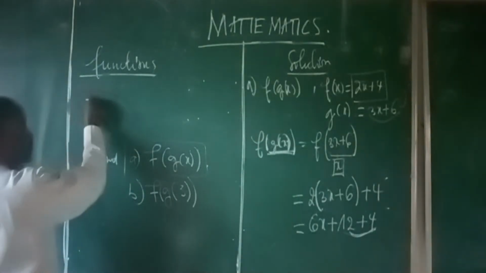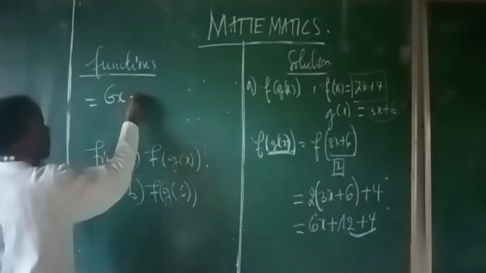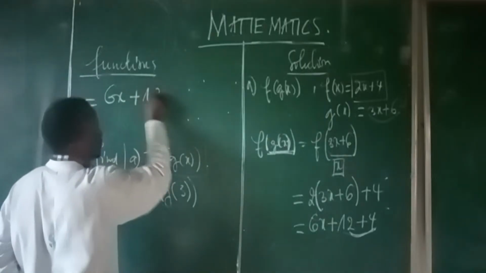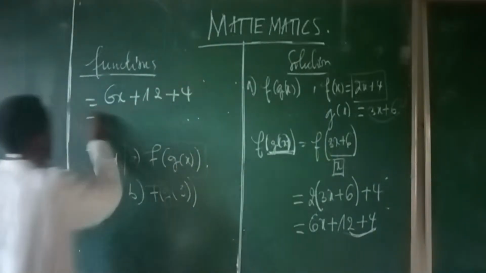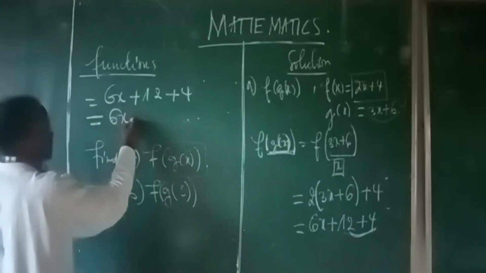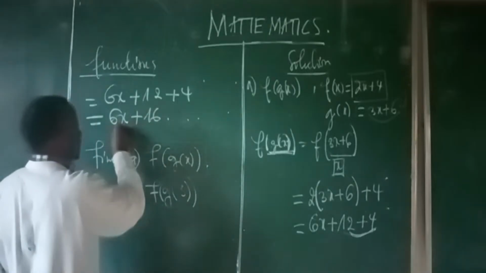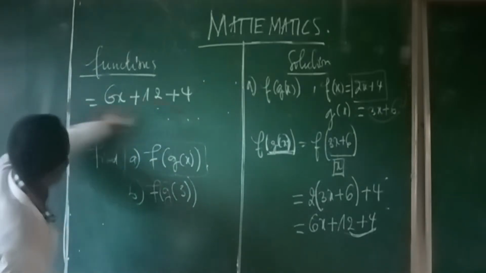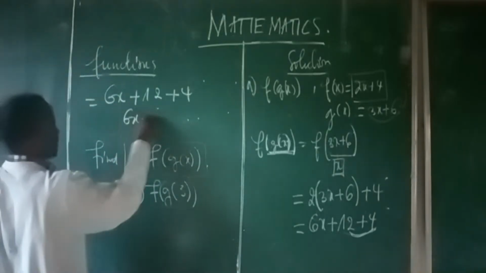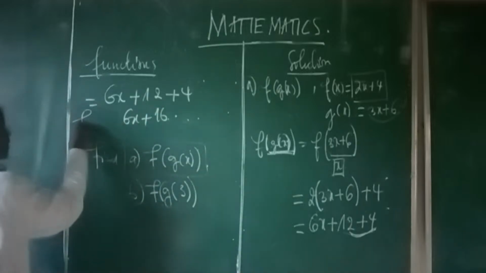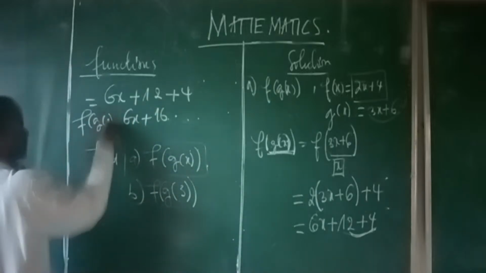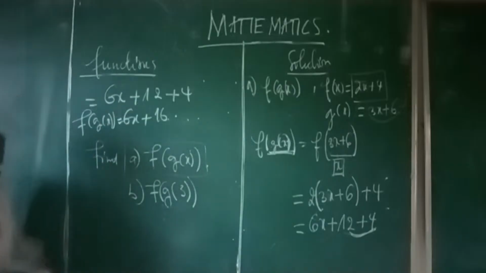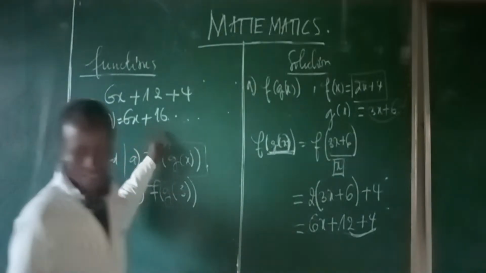We have 6x plus 12 plus 4, then we have 6x plus 16. This is the combination of two functions, 6x plus 16. It is f of g of x is equal to 6x plus 16.